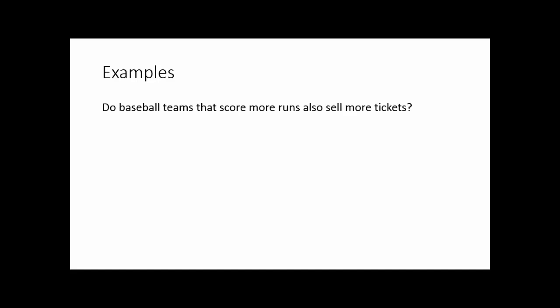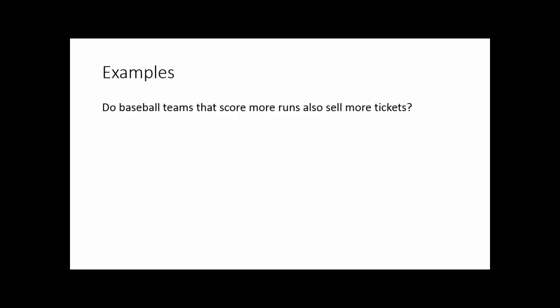I have two variables that I've collected about Major League Baseball teams. One of them is how many runs they score in a season or on average per game, and another is their box office receipts. That is, how many tickets do they sell?